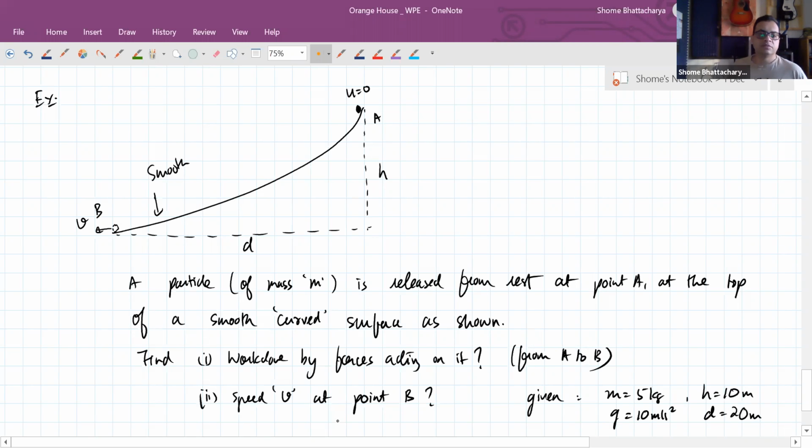So this information is given to us. Now, while doing this question, we have to be a little bit careful about definition of work done and how to apply work done for different kind of forces. Okay. Remember, this time it's a smooth surface, so there are only two forces acting on it: normal reaction and weight.